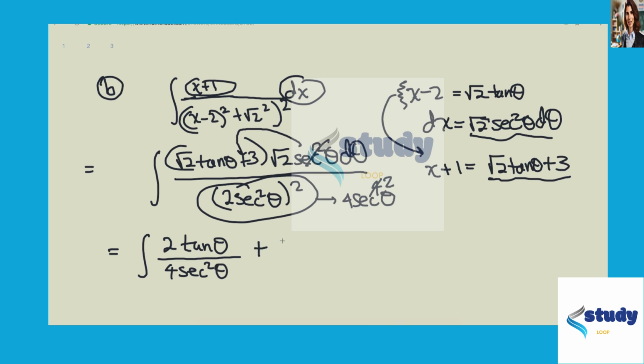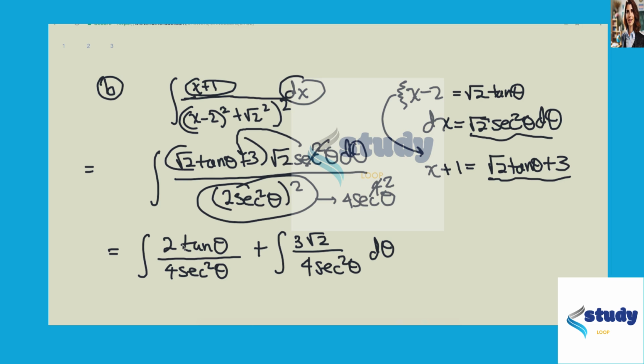We could cross off a 2 on the top and bottom over there. And then for the other integral, crossed off the secants already. So we just have 4 and then 2 more secants on the bottom. All right, so this is just distributing this root 2 and then breaking this into 2 integrals.